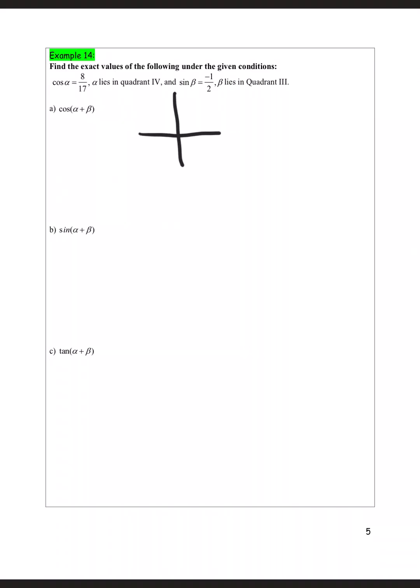So alpha is in quadrant 4. And we have that x is 8, r is 17. We have x squared plus y squared equals r squared. 8 squared plus y squared equals 17 squared.